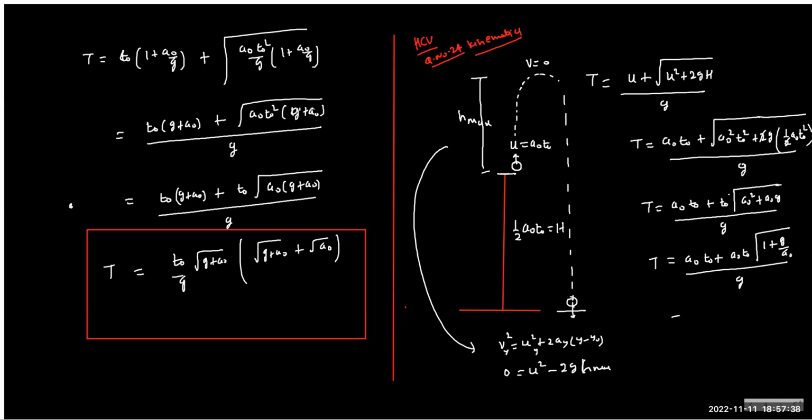So we know the formula of H max anyway, but always make a habit of derivation. So this will become A naught square T naught square upon 2G. And therefore the maximum height from the ground will be how much? From bottom it is half A naught T square plus this value, right? So let me write down.